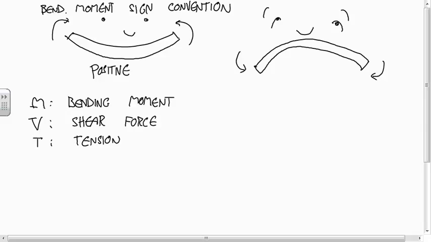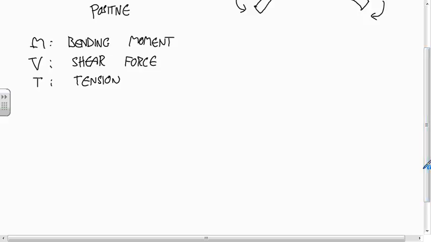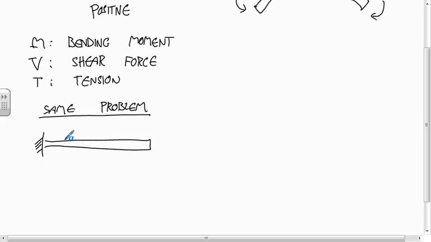All right, because I know you kids love to see the same problem over and over again in different ways, I'm going to do this problem again, but with the sign convention. Okay, so here's the problem again.